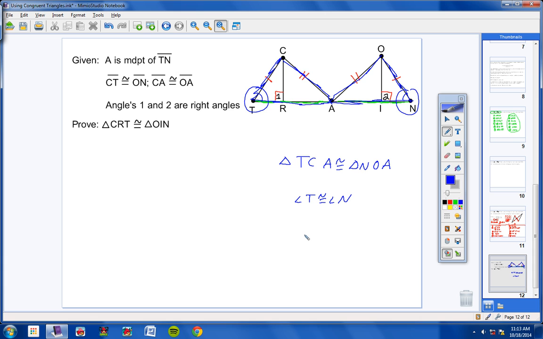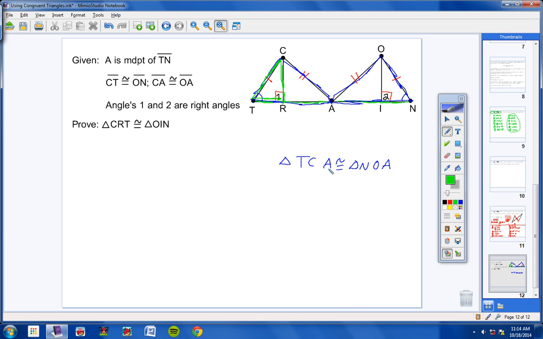Now once I do that, I think it becomes pretty easy to prove that these little triangles are congruent, because look, in this little triangle right here, I have side, angle, angle, or in other words, angle, angle, side, congruent to angle, angle, side, because I know that right angles are congruent.